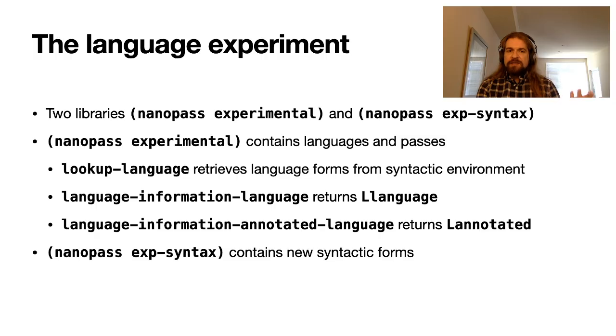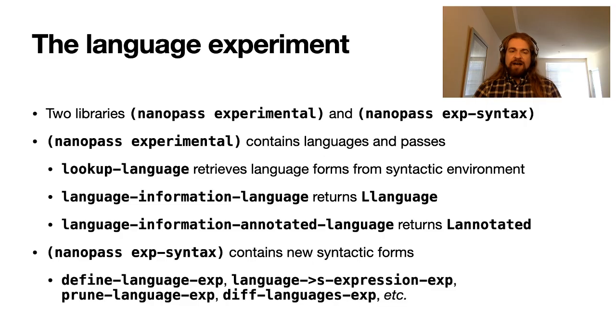Nanopass exp syntax is where I've stored the syntactic forms related to this. We need to store those separately because of the way Scheme handles phasing. I didn't want to have to lift the meta level of all these functions that I was creating as passes, so I just put them in a separate library.